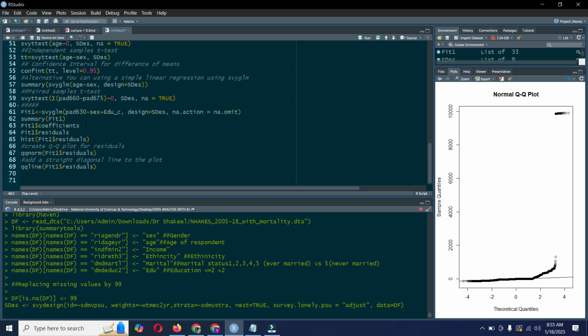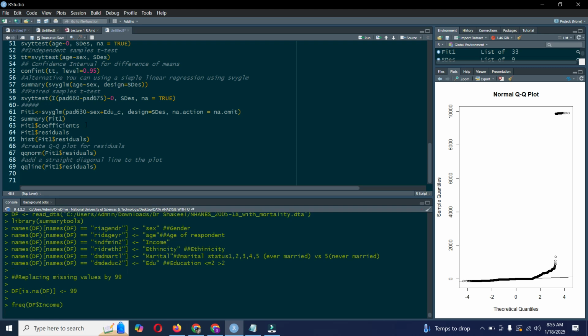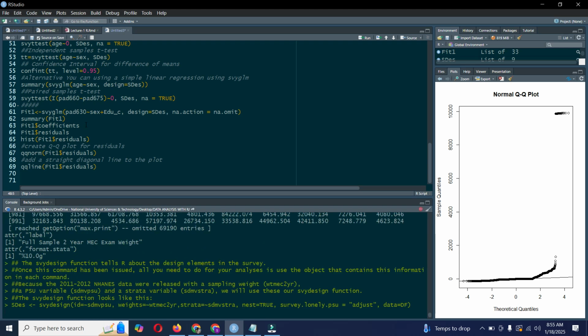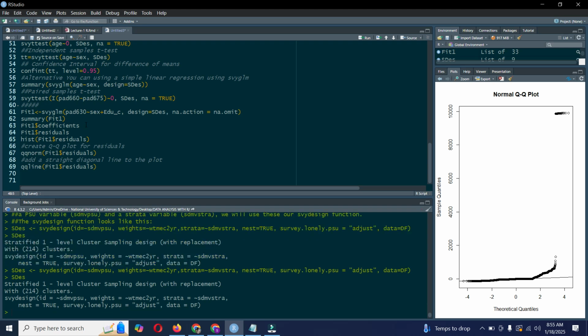Basically, linear regression model is used when we have a linear relationship between the covariates or the exposure and the outcome variable. We have different types of studies, including causal inference, where we are checking the impact of risk factors on the outcome, like different types of exposures in medical studies.